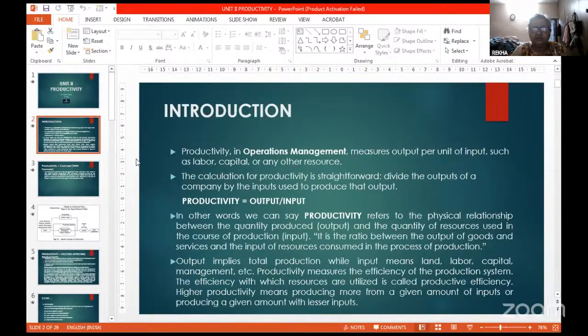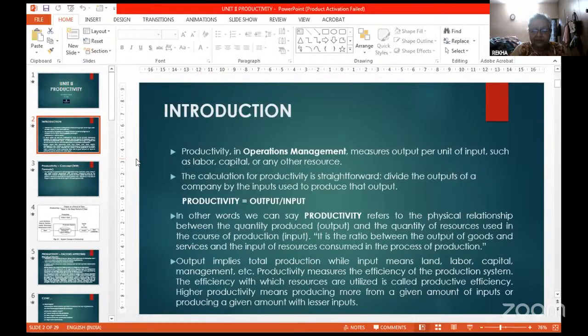In other words, we can say productivity refers to the physical relationship between the quantity produced, that is output, and the quantity of resources used in the course of production, input. It is the ratio between the output of goods and services and the input of resources consumed in the process of production.